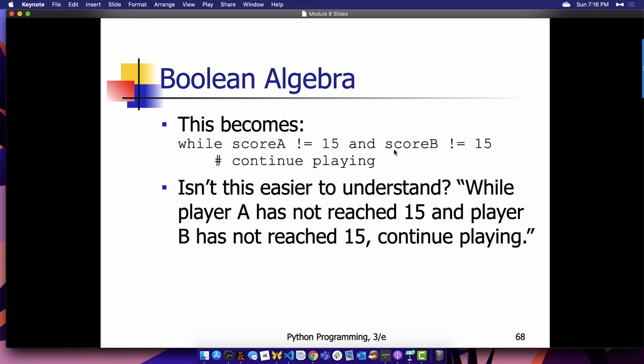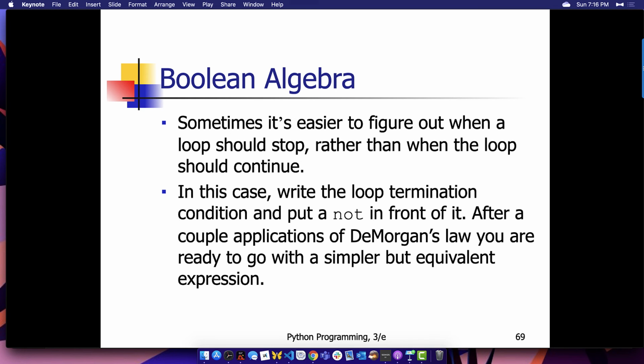So we've done some of this before, okay? Not with while statements, but with if statements, all right? Sometimes it's easier to figure out when a loop should stop rather than when the loop should continue. In this case, write the loop termination condition and put a not in front of it.